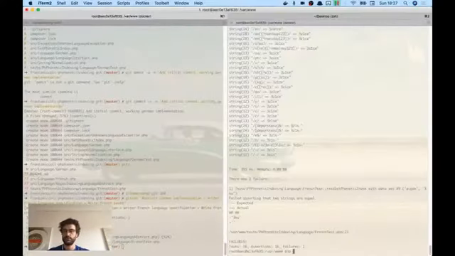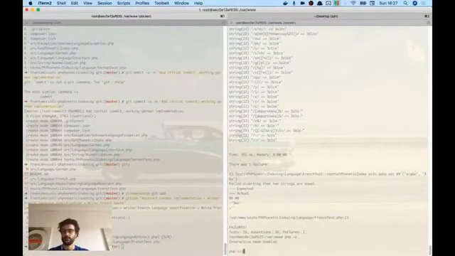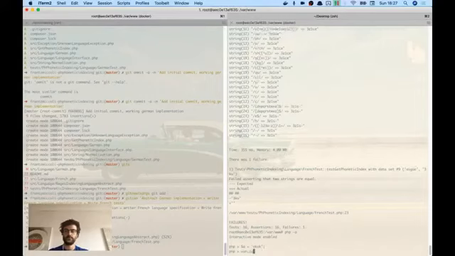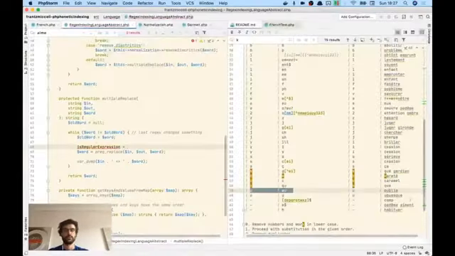I need a PHP interpreter here. So A is equal to, okay, var dump A at index 1 should be K. Okay, it works.